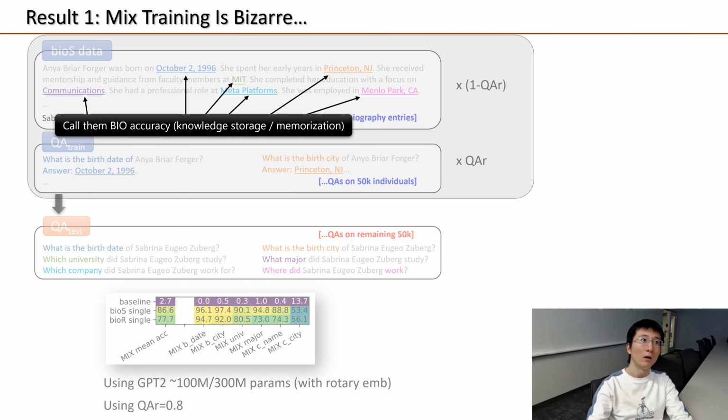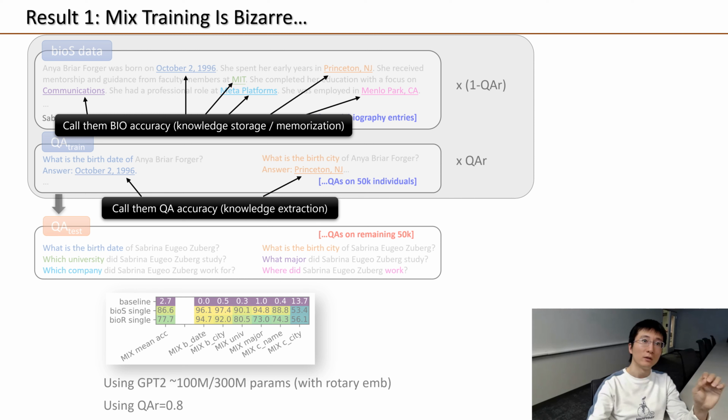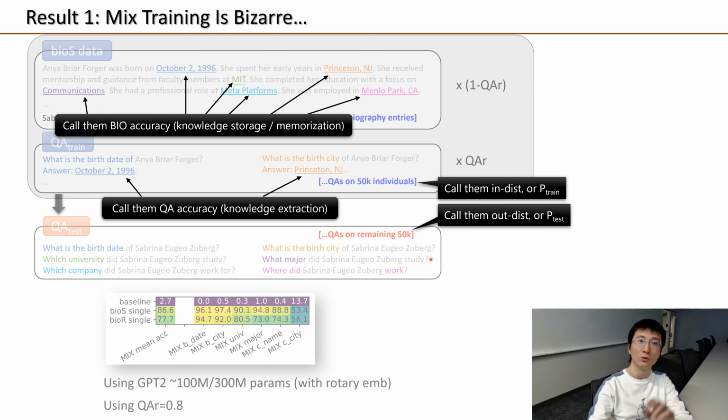Namely, if we separate the two kinds of accuracies, that is the bio accuracy, which represents the accuracy of correctly generating the 6 attributes on the bio data, and the QA accuracy with respect to answering correctly the 6 questions for the individuals on the training or test data. We can also separate the two kinds of people.